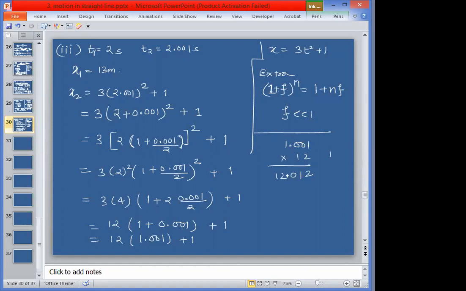So it will be 12.012. Do everything properly. So answer will be, this multiplication is 12.012 plus 1. So that will be 13.012. 12 plus 1, 13. 0.012 as it is 0.012.